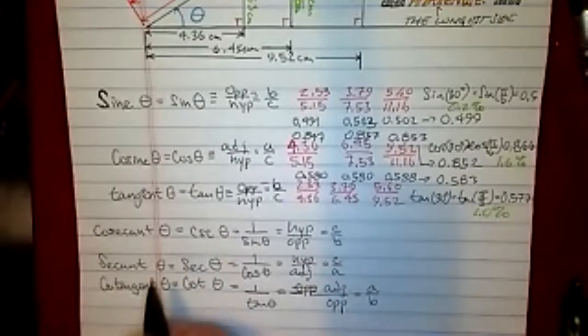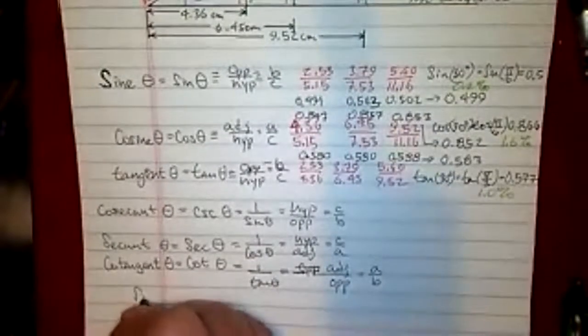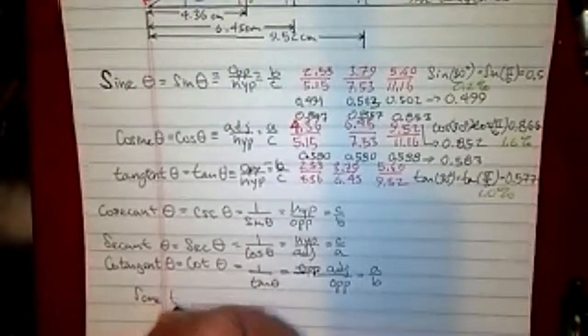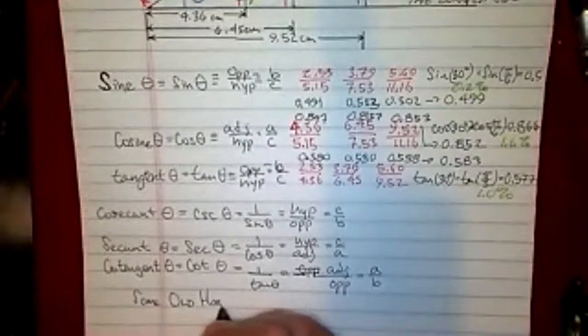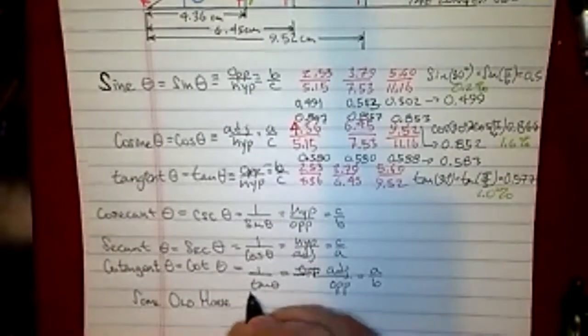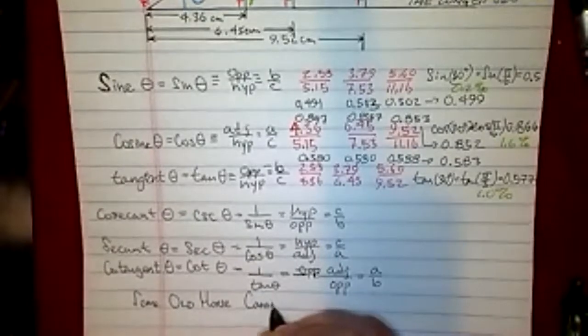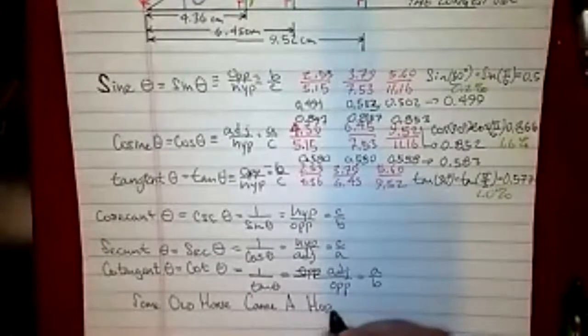Now, there are 2 sayings that people use to remember these first 3 trig functions. Mine is: some old horse came a hopping through our alley. Now check out the bad grammar here.